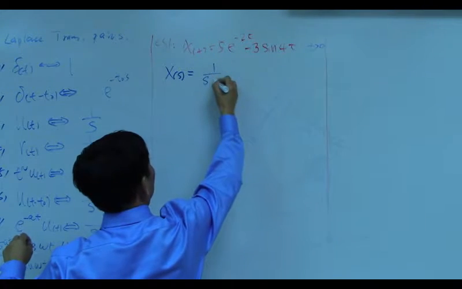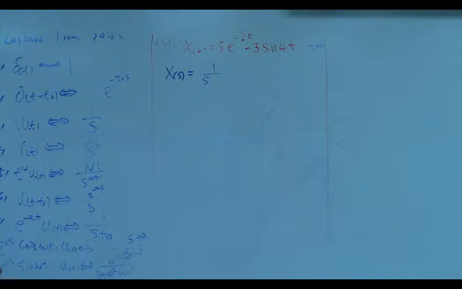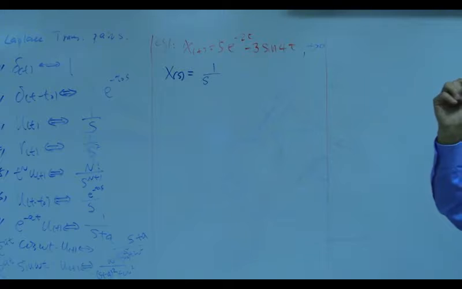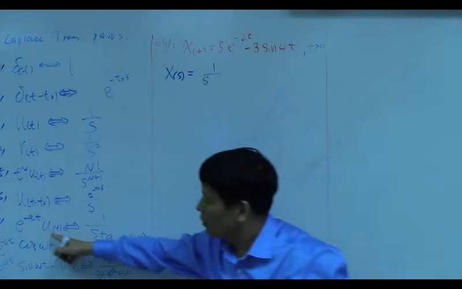Where's the unit step function? Unit step means only t greater than 0, so that is something multiplied by ut, right?